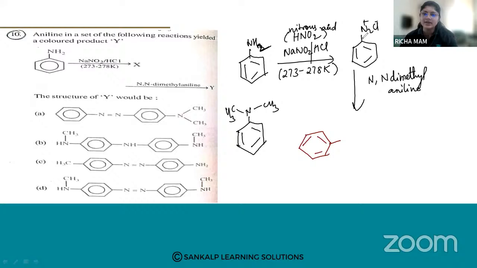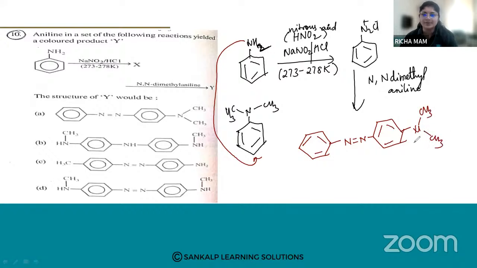At this carbon, this nitrogen will go and attack. So what you'll get is N double bond N, then N CH3 CH3.